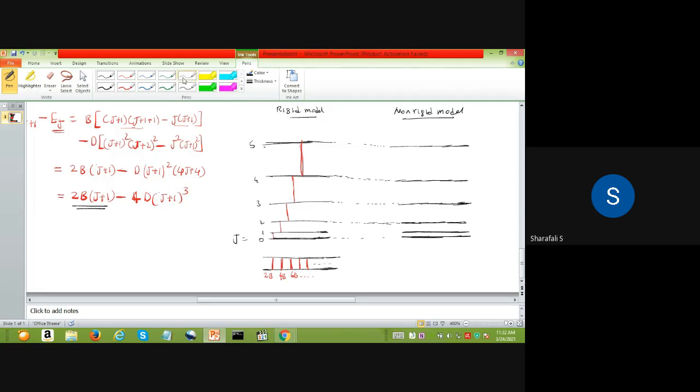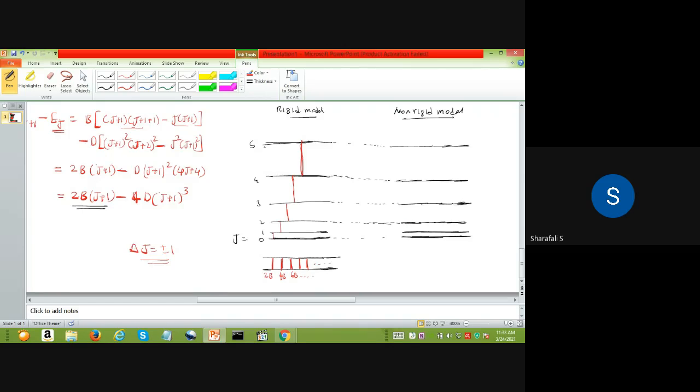If you consider the transitions now, the selection rules are all the same. In this case also, we have only the J quantum number, the rotational quantum number. So the transition selection rule will be delta J equals plus or minus 1 for this case also. If we had any additional quantum number, we would have to consider a different transition and the selection rule corresponding to that quantum number.